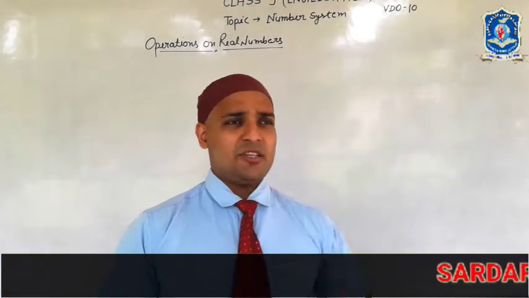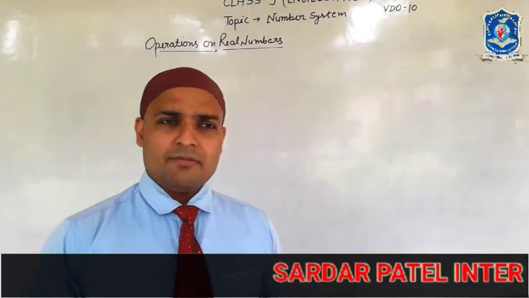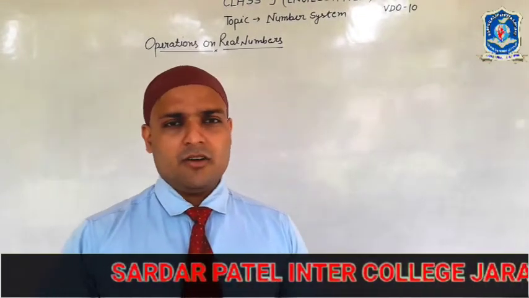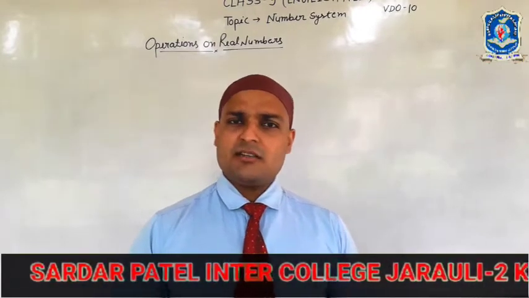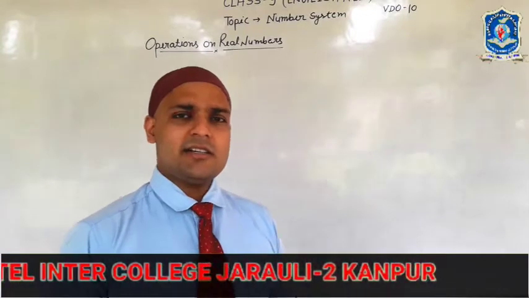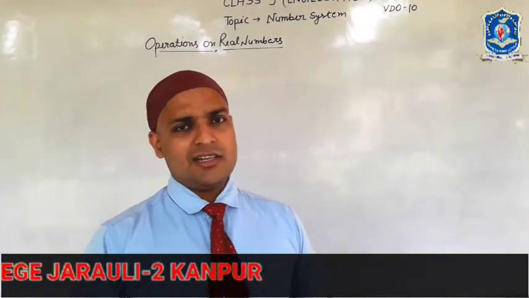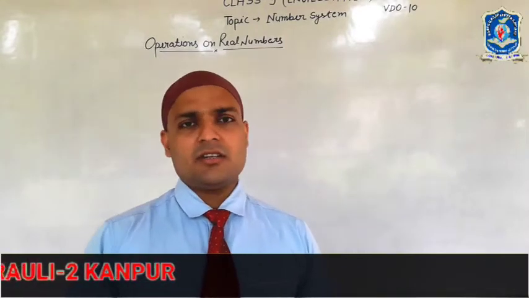In these operations, the question is: what is the result if we subtract, multiply, divide or add rational numbers and irrational numbers? What is the result if we add rational and rational numbers, if we add rational or irrational, if we subtract rational or irrational?